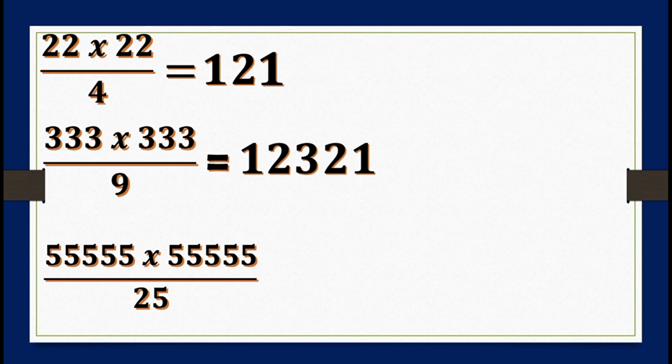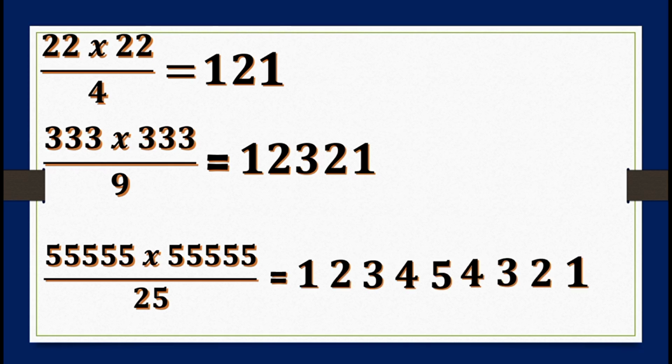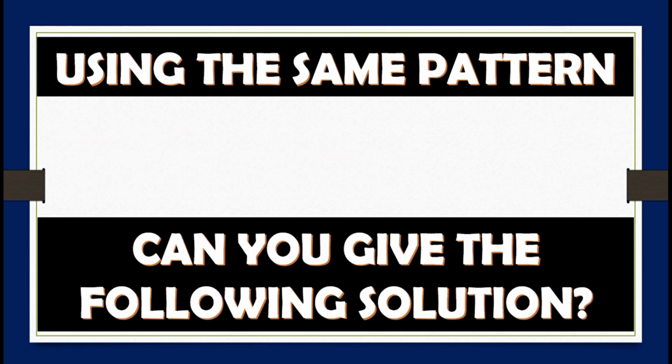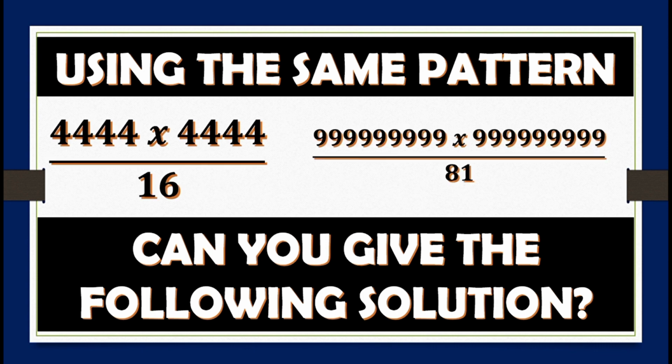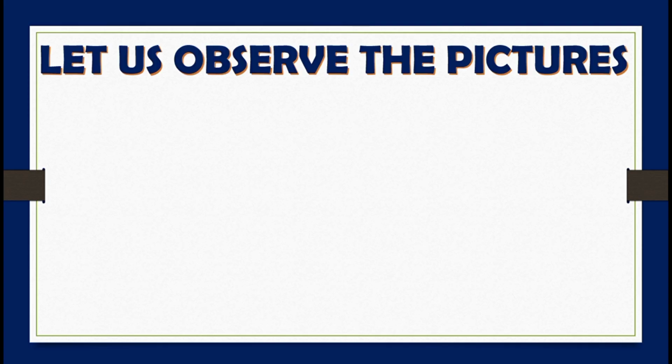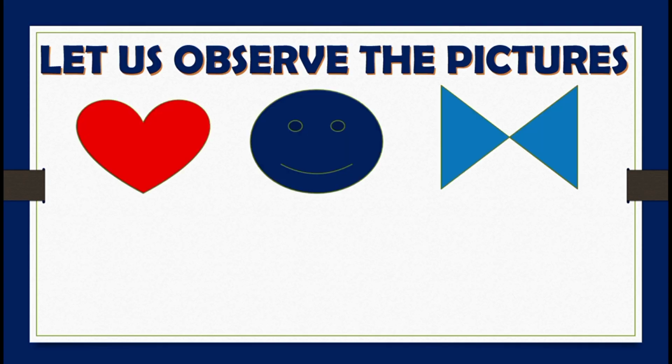The result is 123,454,321. Can you see now a pattern? With this, using the same pattern, can you give the following solution of these equations? Good luck. This time, let us try to observe the following pictures.